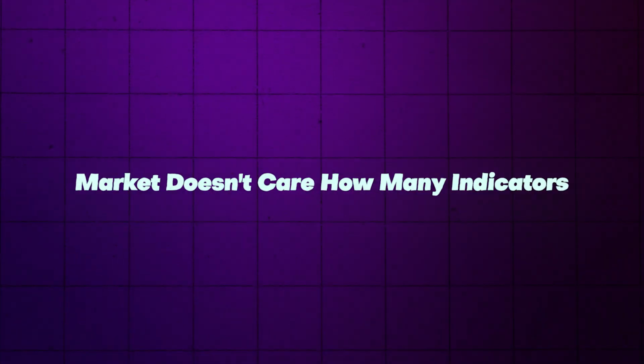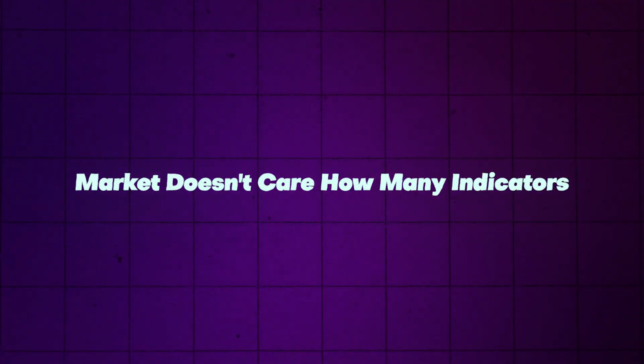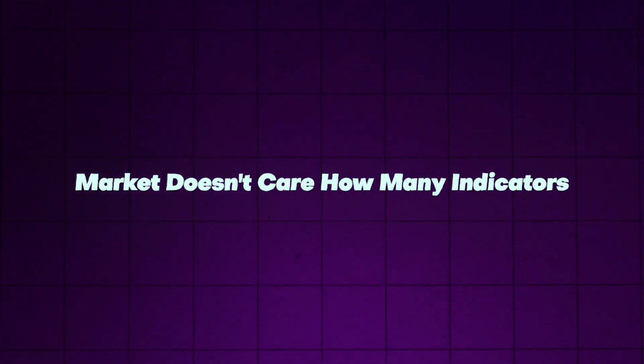So that comes to an end of the video. I hope you liked the video of me combining these two concepts, indicators and price action, that are way apart. So guys, keep in mind there is a key saying that the market doesn't care if you have 5 indicators, 10 indicators or 100 indicators on your chart, or if you mark the whole past and whole future with price action.